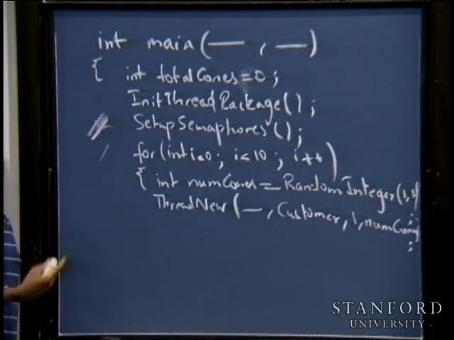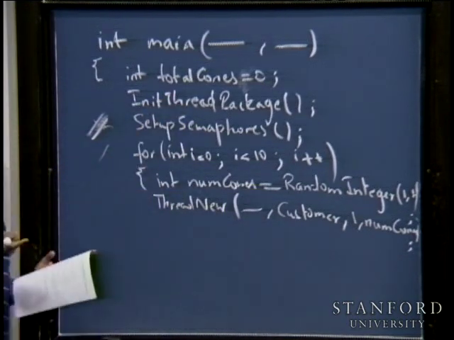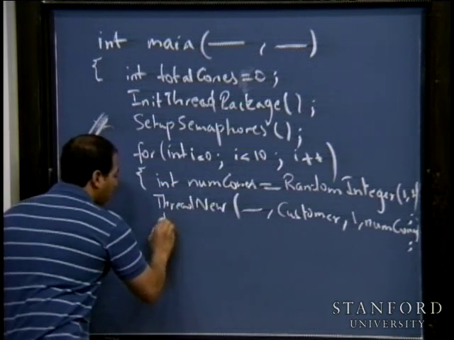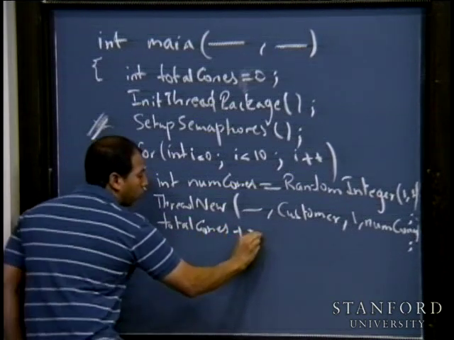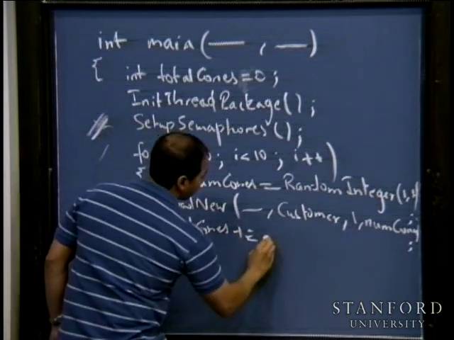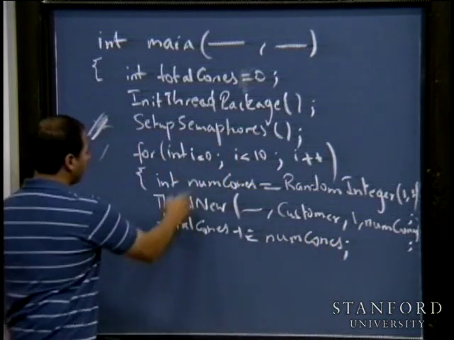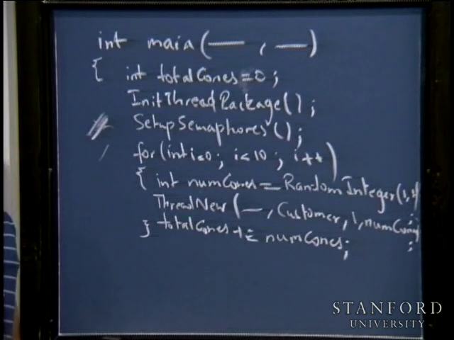After doing that, we have to add this number of cones to the total cones, because we will need to pass this total number to the manager eventually. So total_cones plus equal num_cones. Now this is going to be done for all 10 customers. And this way we spawn all the 10 customers that we have in our simulation.